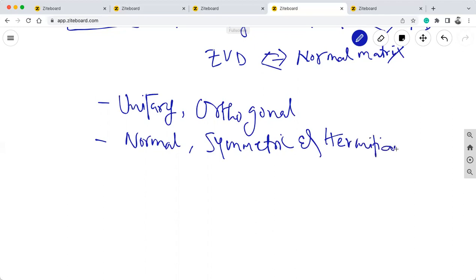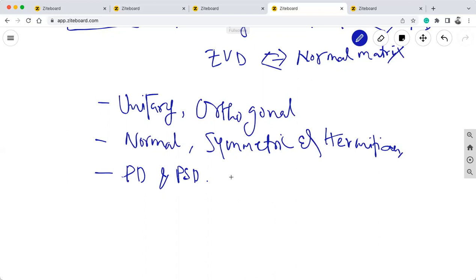And also we came across the PD and PSD matrices, positive definite and positive semi-definite matrices, and some of their properties, their eigenvalues and all.